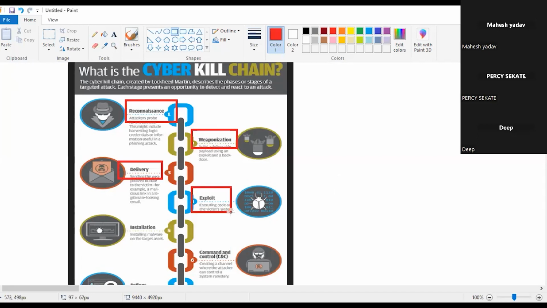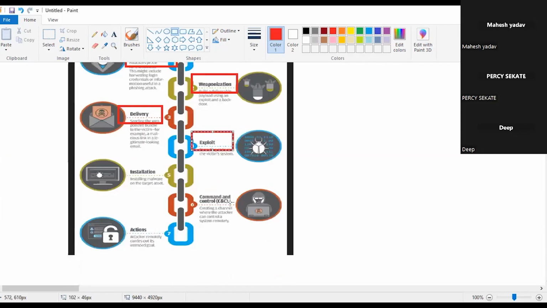Then they exploit. They run the exploit on the target system, and that payload and that malware installs all the requirements needed to go further. And then the target system becomes the CNC, which is known as Command and Control Center for the attacker.